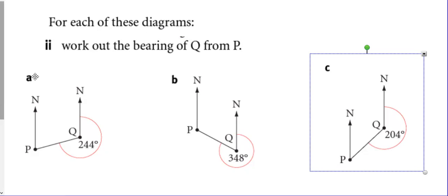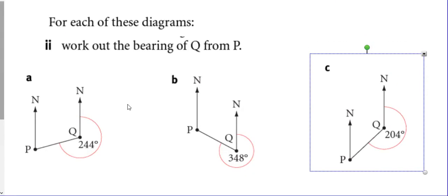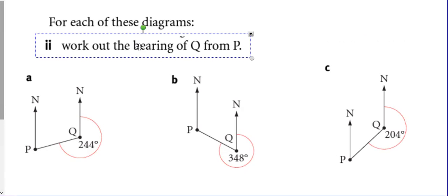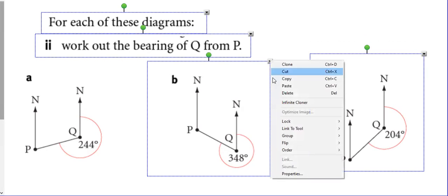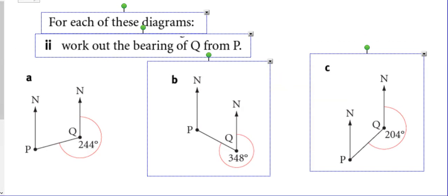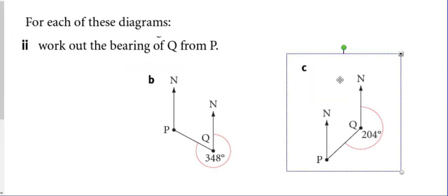For each of these diagrams, now this is Roman 1, this is Roman 2, work out the bearing of Q from P. Okay, so let me try to put each question on a separate page, on a separate slide.